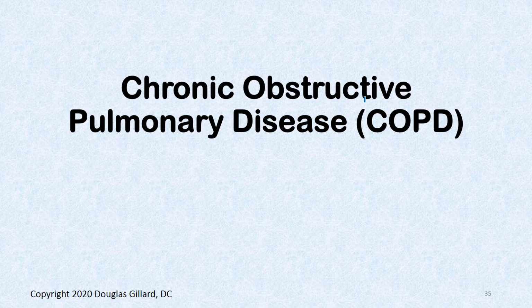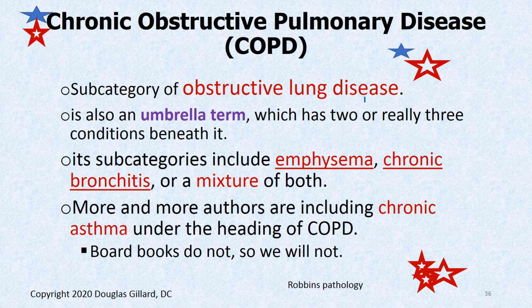All right, now let's look specifically at COPD. We've kind of been talking about it, but it's one of the subcategories of obstructive lung diseases. It is an umbrella term, as we've said already, including emphysema and chronic bronchitis. Those two are almost always mixed together. Some authors include chronic asthma, but we don't because Robbins doesn't.